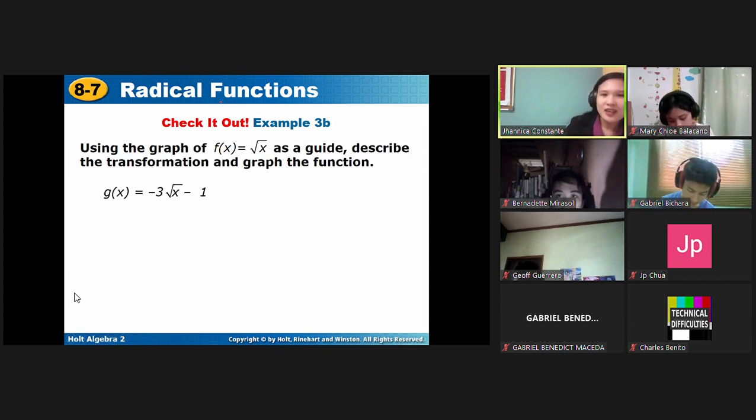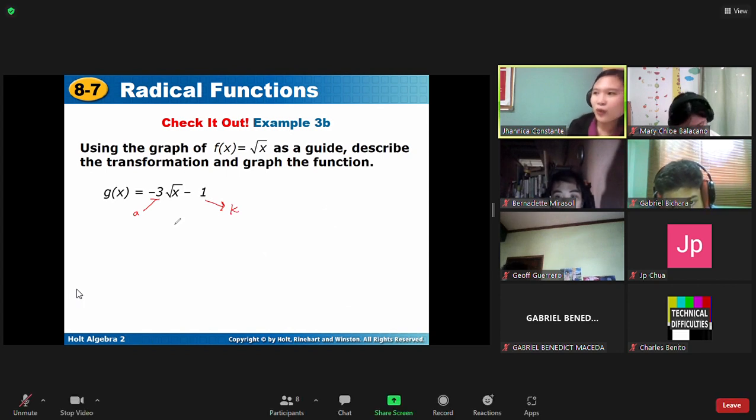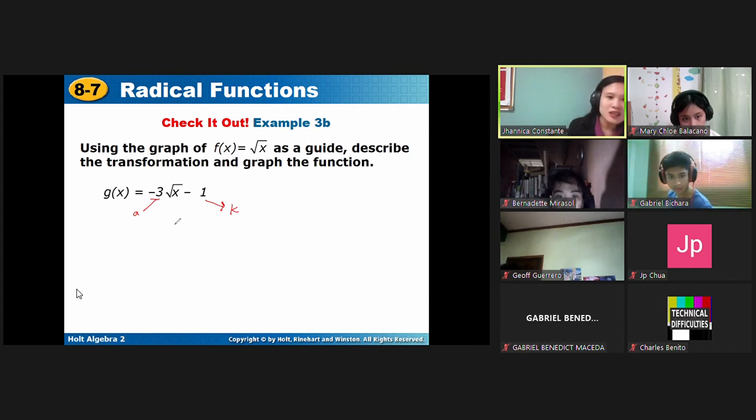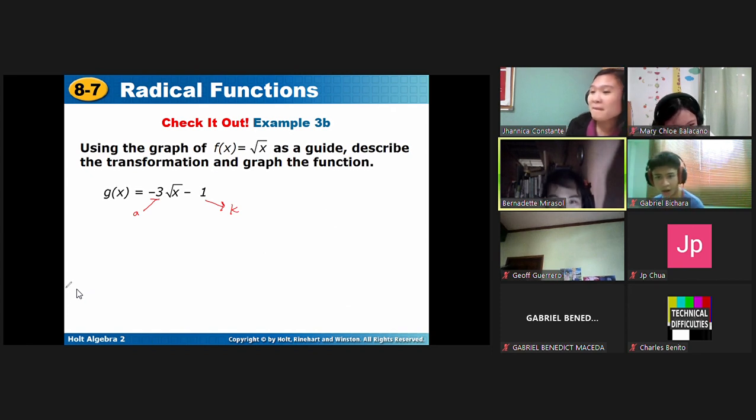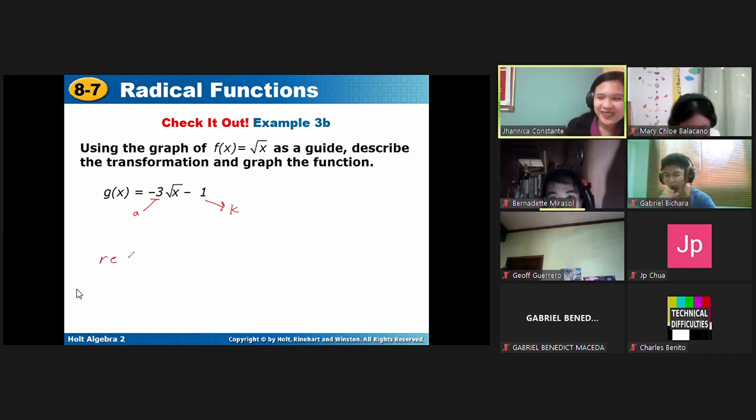So our a is negative 3. This is our a, and this is our k. Negative 1 is our k. So we don't have the value for b and the value for h. Using the description for a, if it's negative, the description of our radical function is what? Reflection to the x-axis.